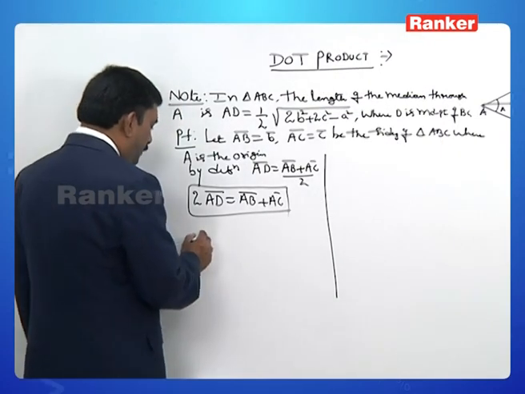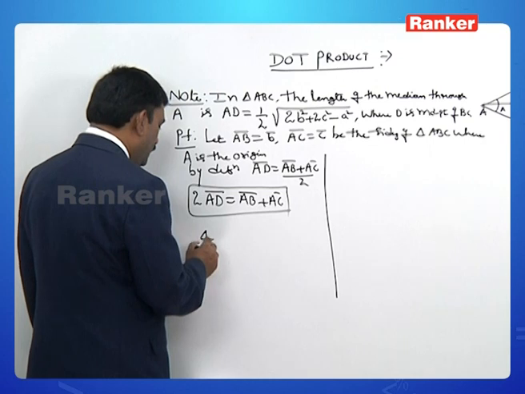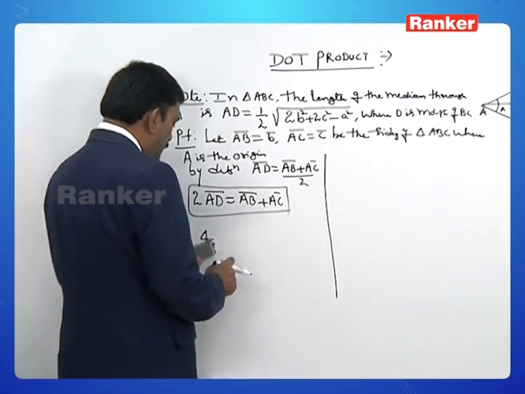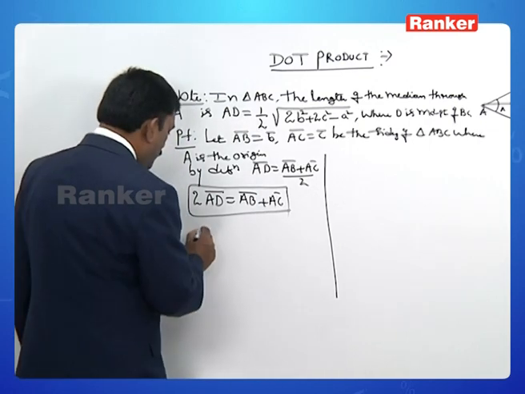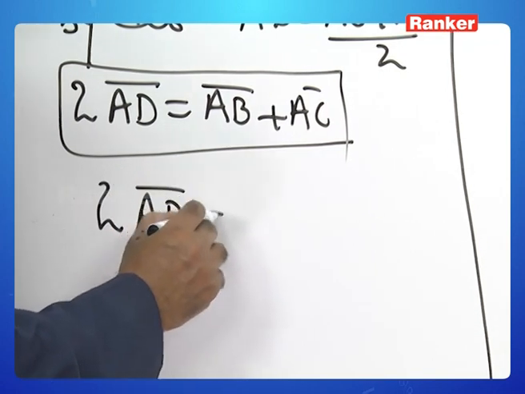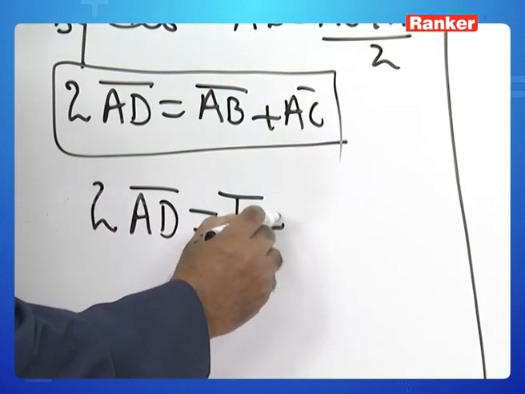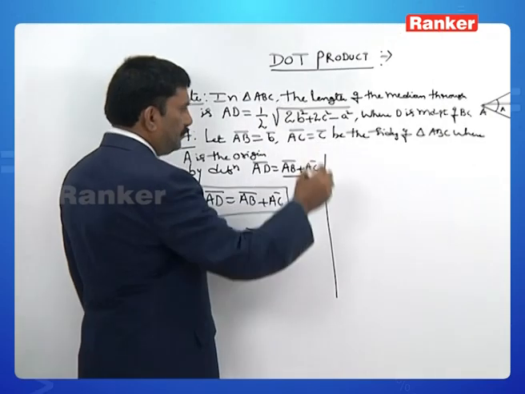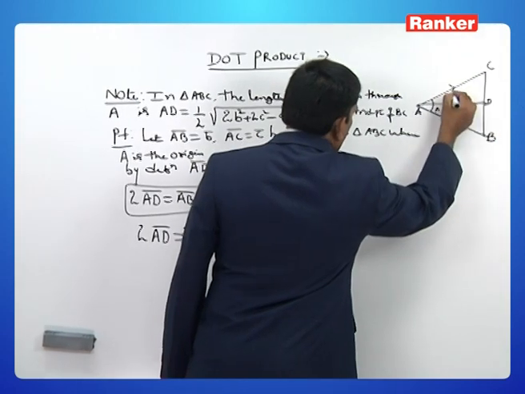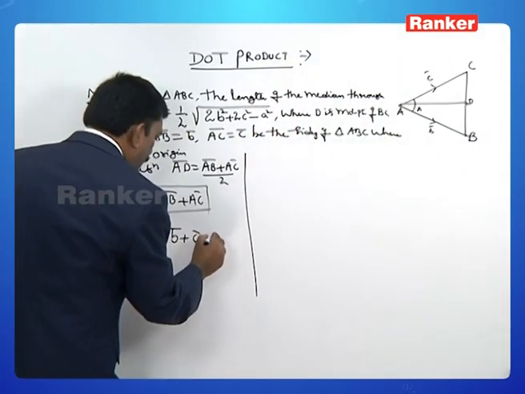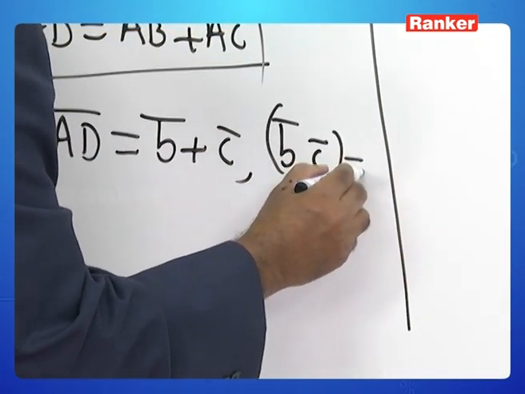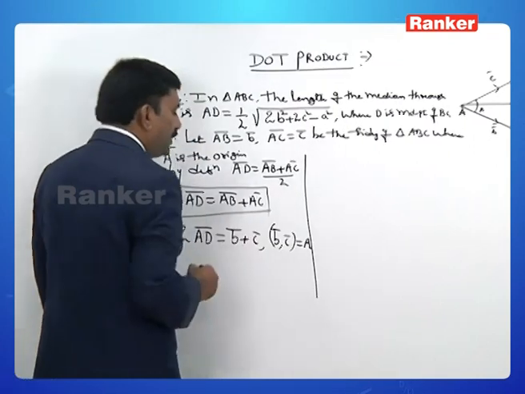Taking this as b bar and this as c bar, the angle between b bar and c bar is equal to A.